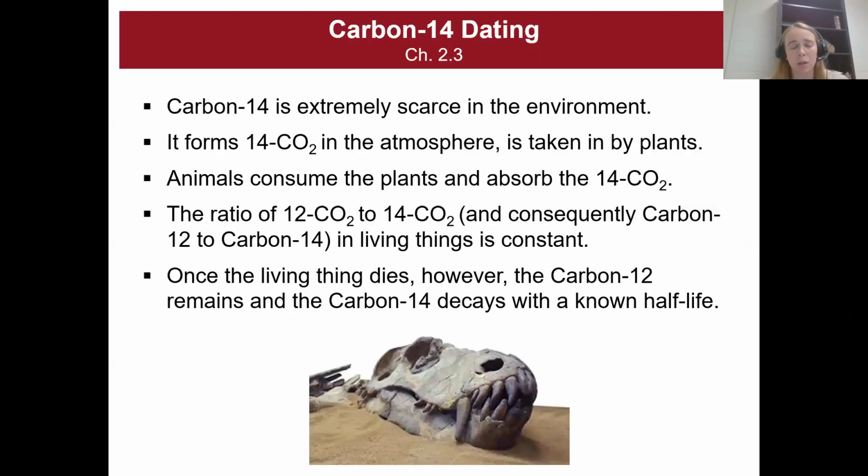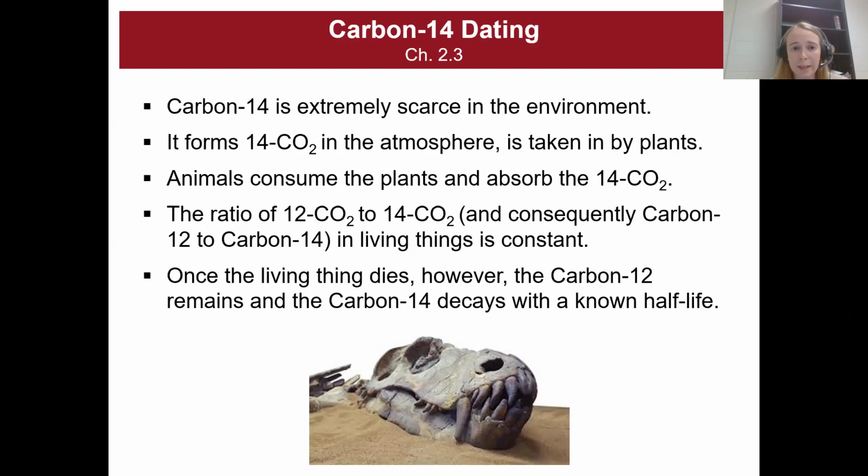Another example of isotopes in real life is carbon-14 dating, which you might have heard about. Carbon-14 is an isotope of carbon, and it's extremely scarce in the environment, and it forms carbon dioxide with carbon-14 in the atmosphere, which is taken in by plants. Animals consume those plants, and then animals have a certain ratio of carbon-12 carbon dioxide and carbon-14 carbon dioxide inside of them.